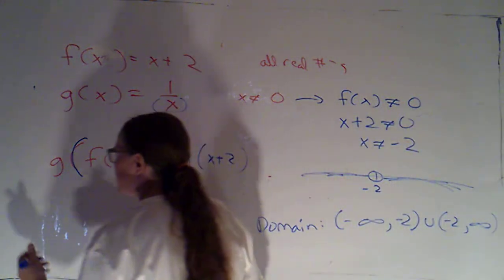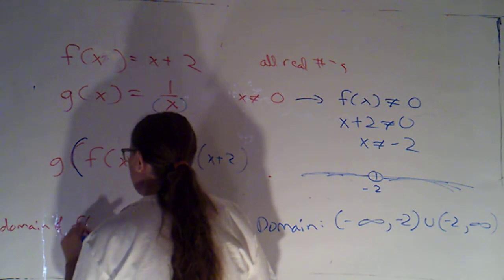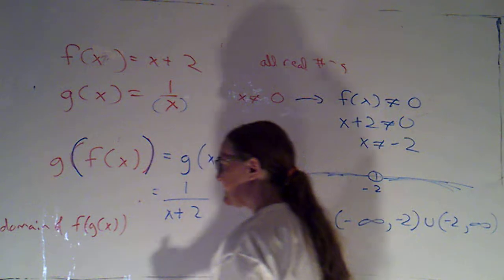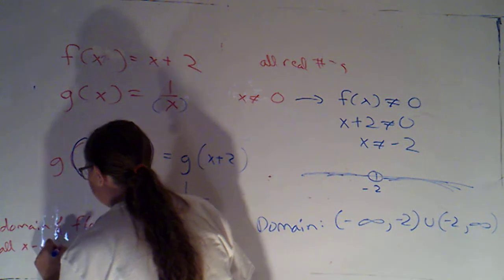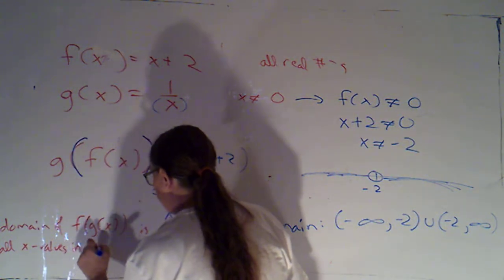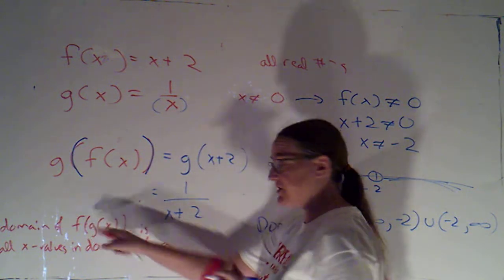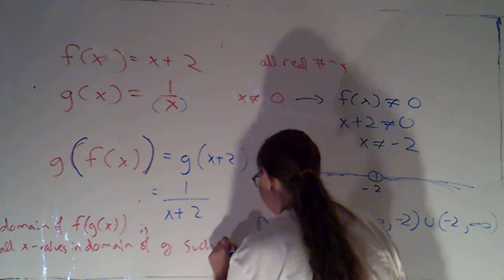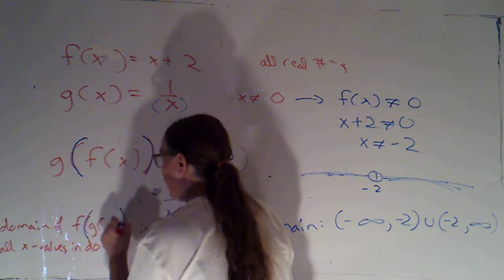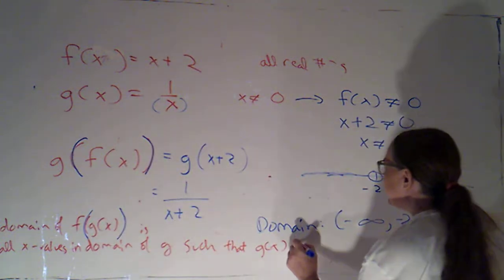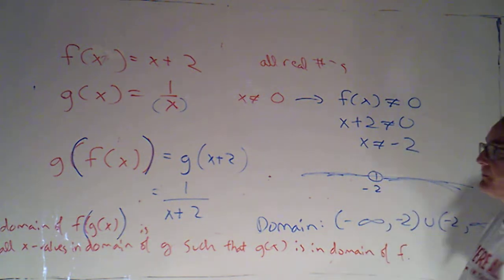So in general, let's just write this down. The domain of f of g of x is all x values in the domain of g, okay, because I've got to be able to do that first step, such that g of x, which is of course what I'm going to be plugging into f, is in the domain of f.